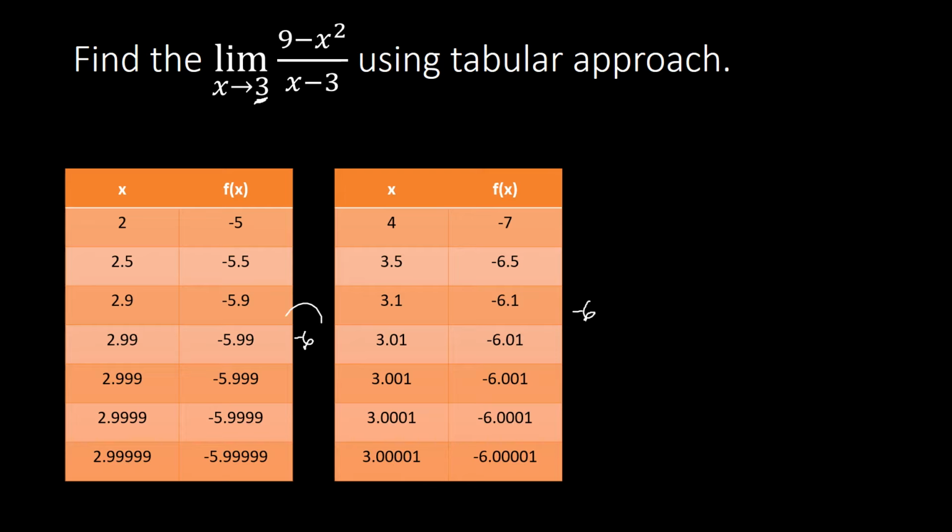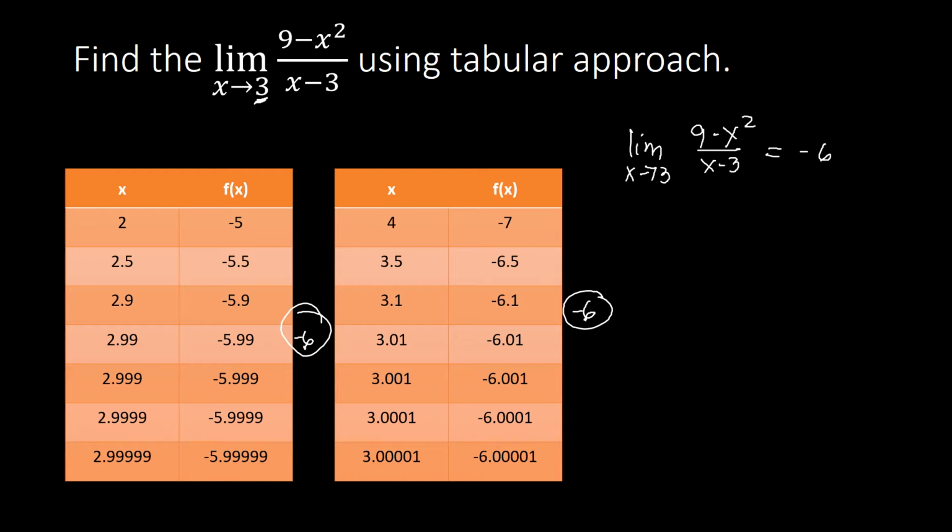So since we have the same values being approached on our y values, we now have the answer to our limit question: the limit of 9 minus x squared over x minus 3 as x approaches positive 3 is equal to negative 6.